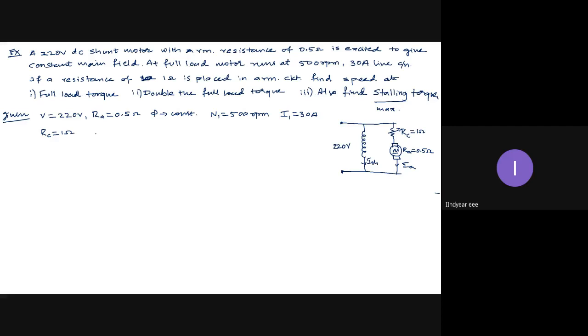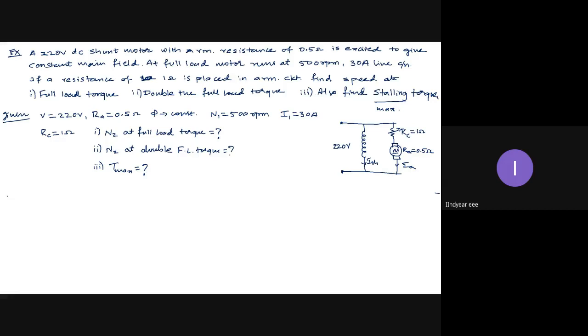Now find the speed N2 at full load torque. N2 at double full load torque. And third, stalling torque, maximum torque, that is Tmax.